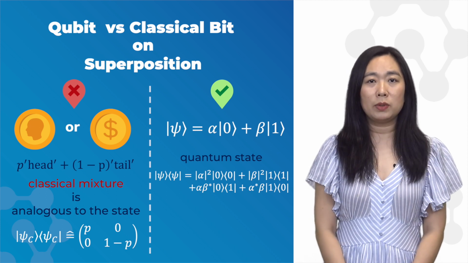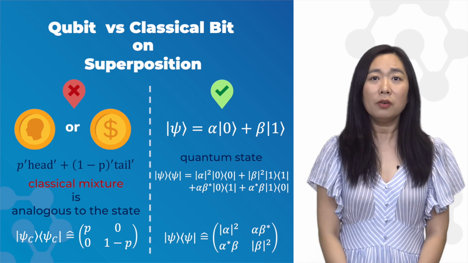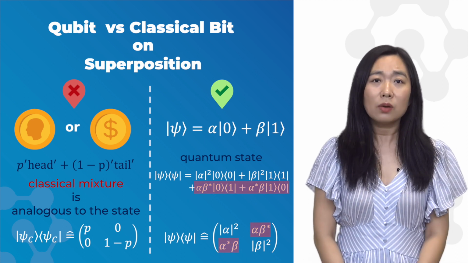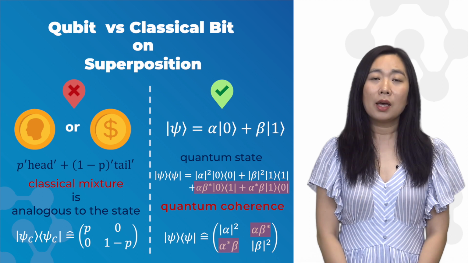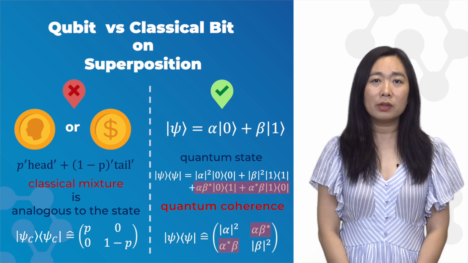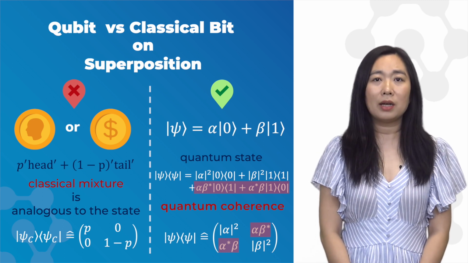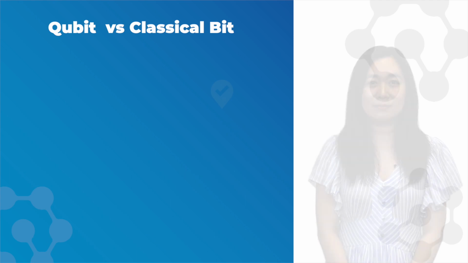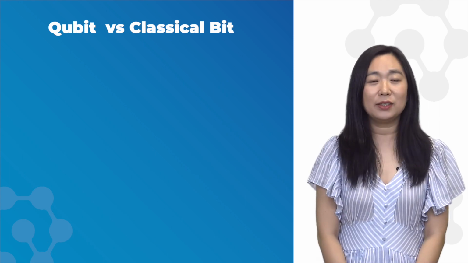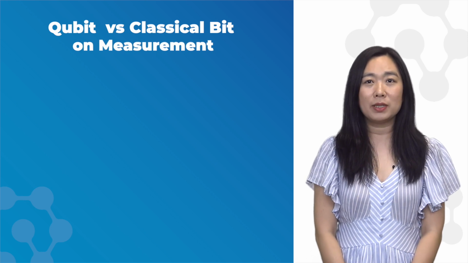In the matrix representation, the last 2 terms are the off-diagonal elements that keep the quantum coherence. In the presence of noise, the quantum coherence of the qubit can be destroyed and end up as a classical mixture.